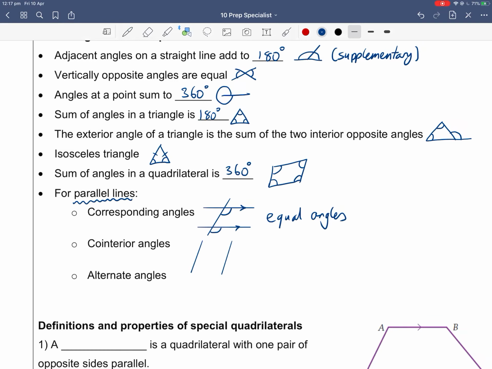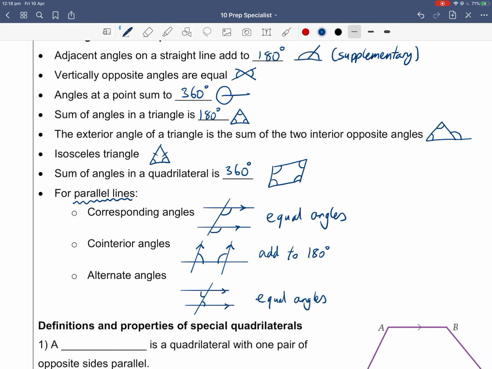Co-interior angles, so say you had 2 parallel lines. I'm going to draw in parallel using an arrow. So the inside angles add up to 180 degrees. And lastly, alternate angles. So you have 2 parallel lines and 1 line passing through it. So arrow, arrow to show parallel. Alternate angles are equal.